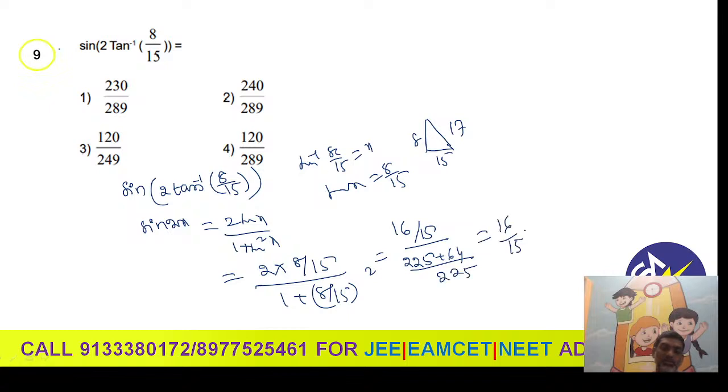So 16 by 15 into 225 divided by 289. 15, 15 there. So 16 into 15, what is 16 into 15? It is 240 divided by 289. Option number 2 is the right option. 240 divided by 289. Okay.